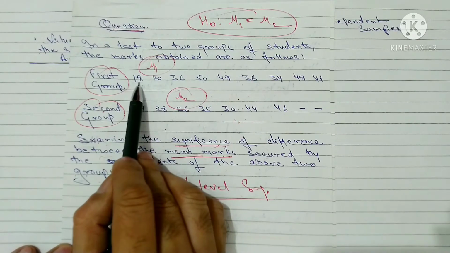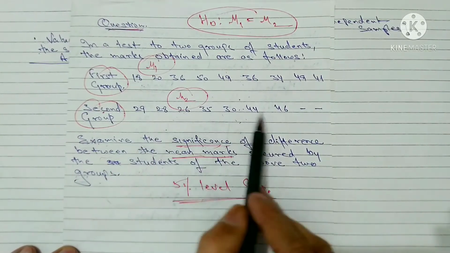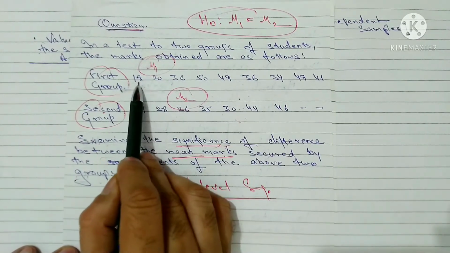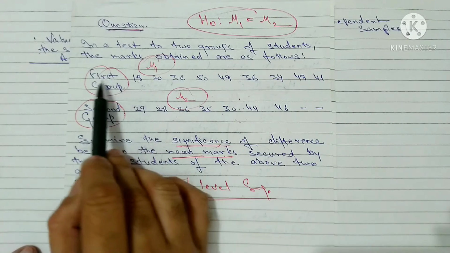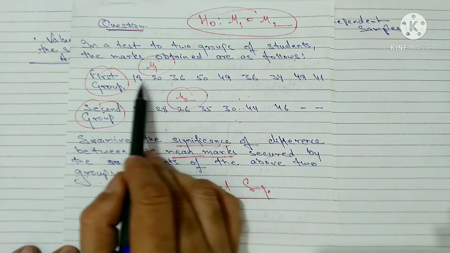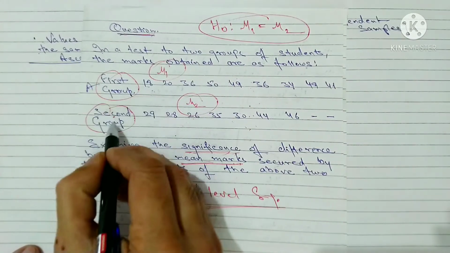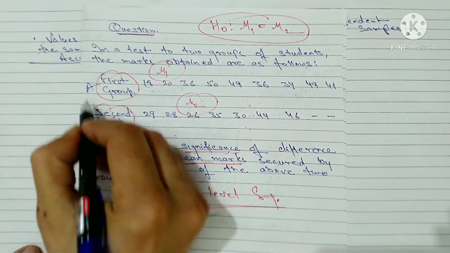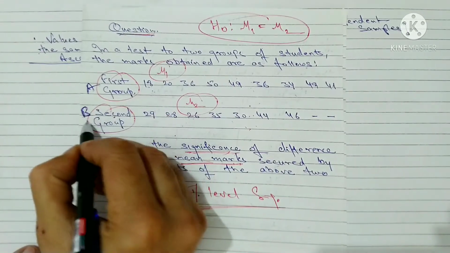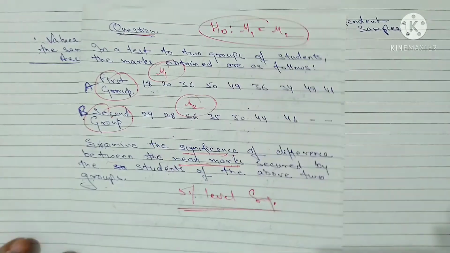The lowest value from the two groups is 18. We will write 18 first. Let's name them group 1 as A and group 2 as B.